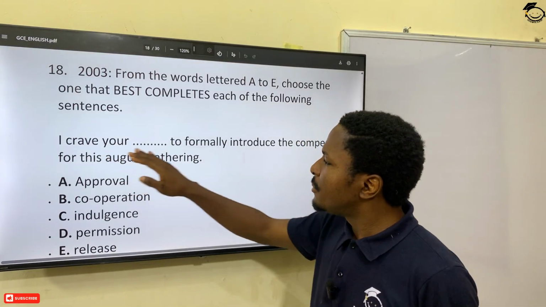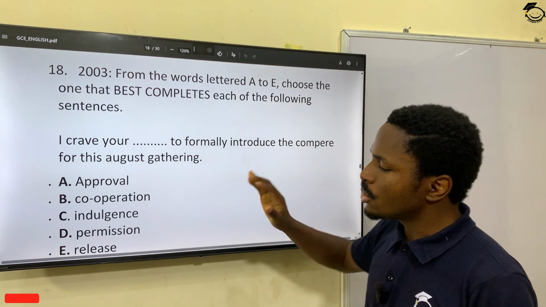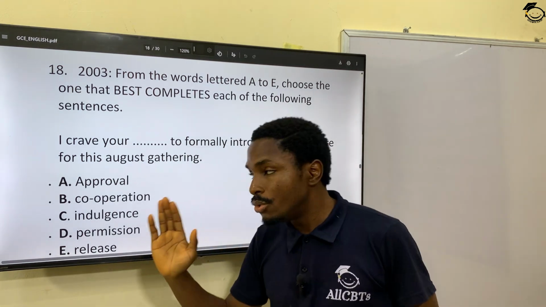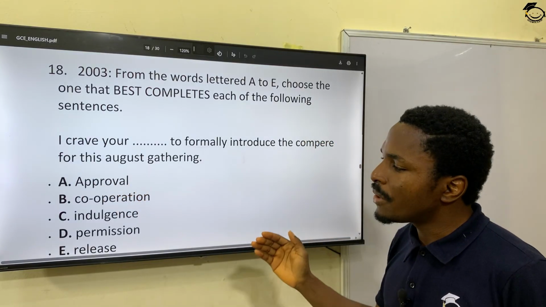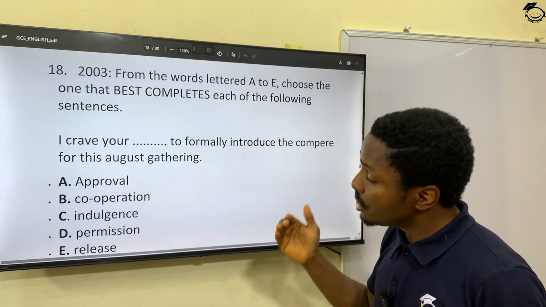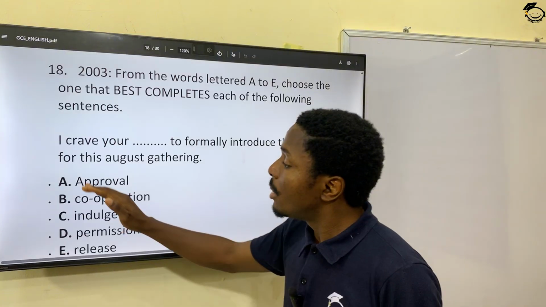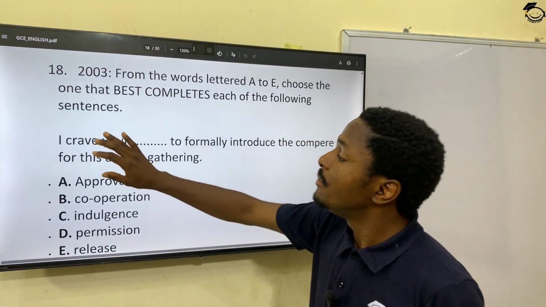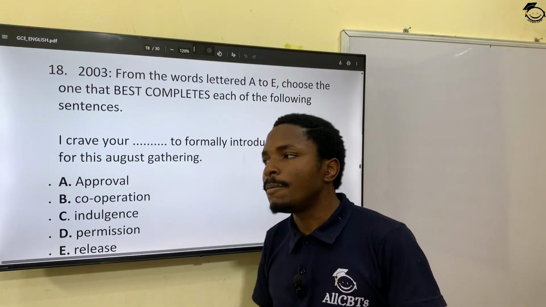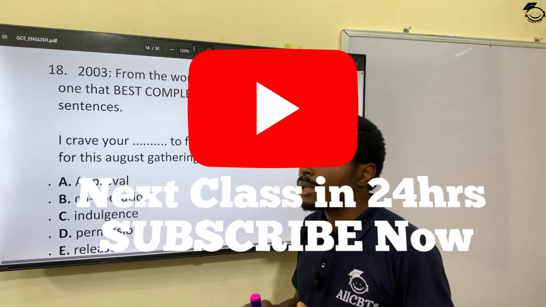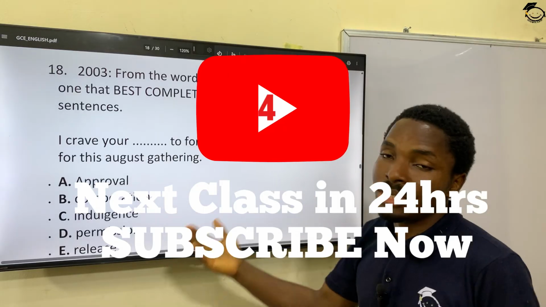Because it's formal, there are some words that can only be used perfectly for this. I crave your approval would not sit well. Just cut to the chase. The right word that would fit is indulgence. You must have heard it in several formal settings. I crave your indulgence.